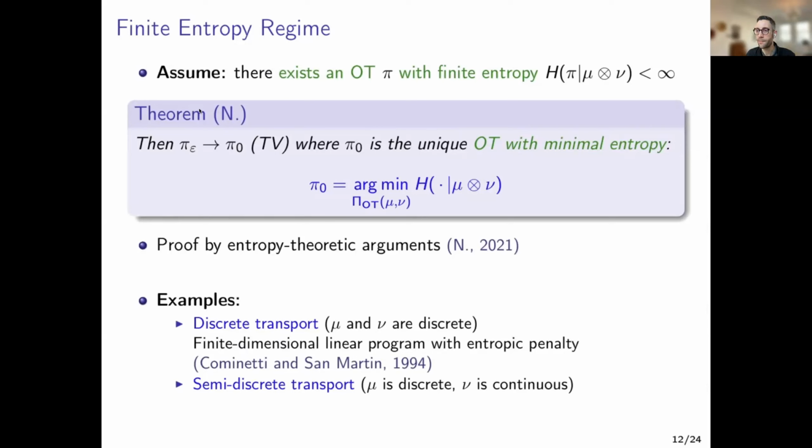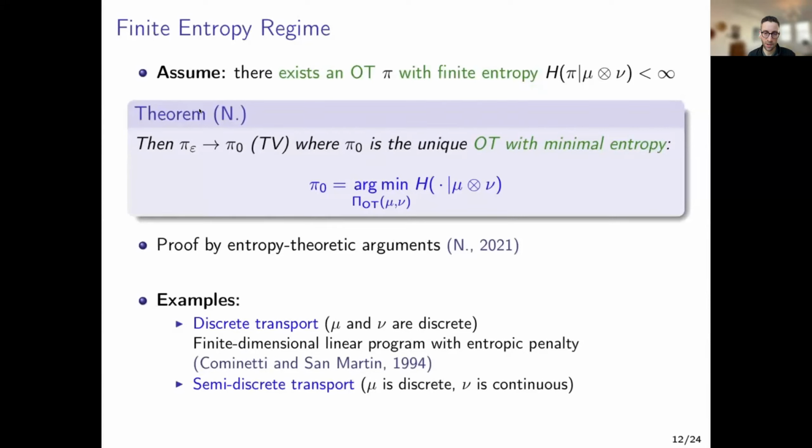With an entropic penalty, these have been studied in a paper by Cominetti and San Martin about 30 years ago, and they already show this result in their slightly more general finite dimensional setting.